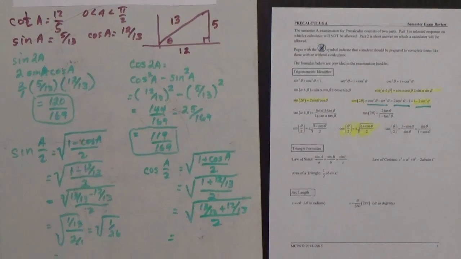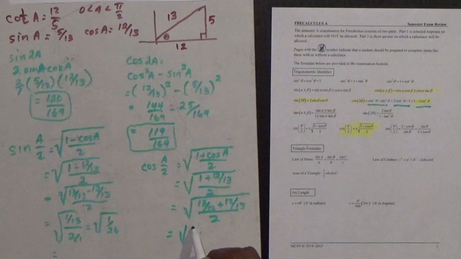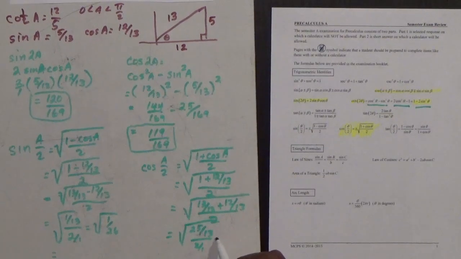That's going to give us the square root of 25 over 13 all over 2, which is equal to the square root of 25 over 26.